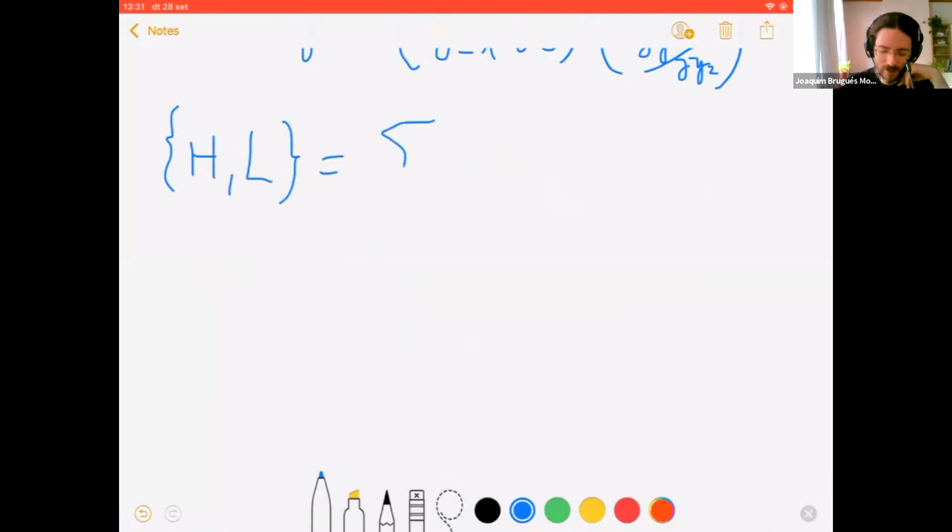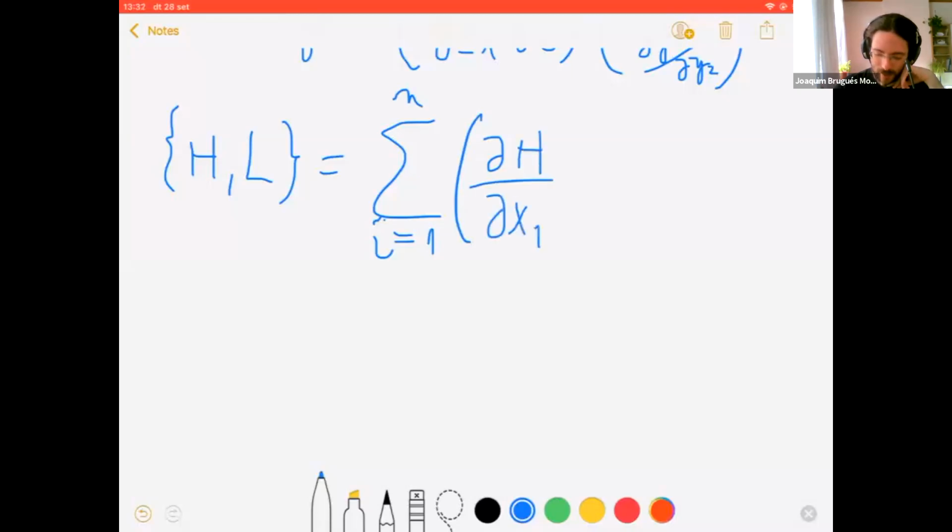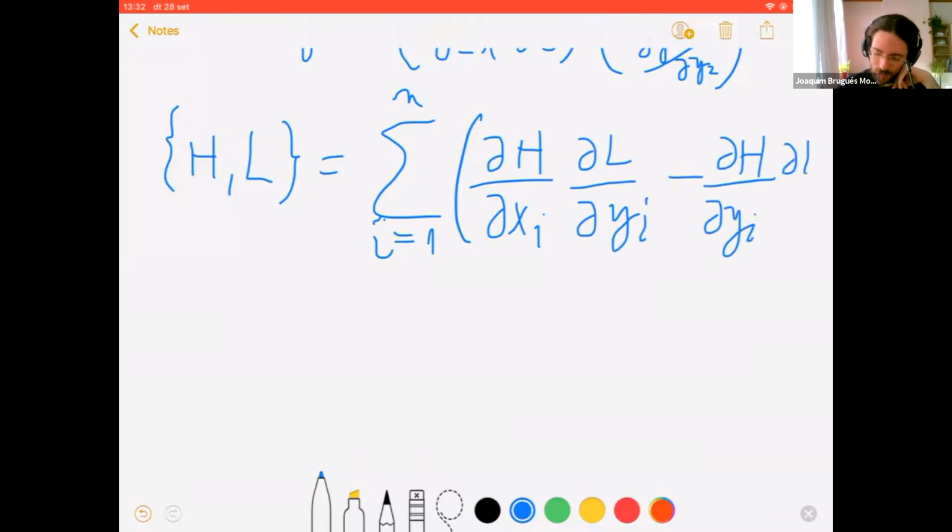So you have here the sum for i from 1 to n, where n is 1/2 of the total dimension, so the dimension of the base manifold, if you are thinking of the cotangent bundle, and you just need to pair the derivatives. So partial of h with respect to xi times partial of l with respect to yi, minus partial of h with respect to yi and partial of l with respect to xi.